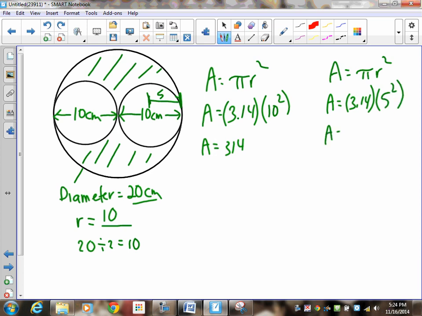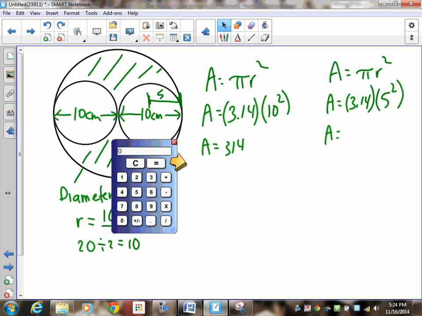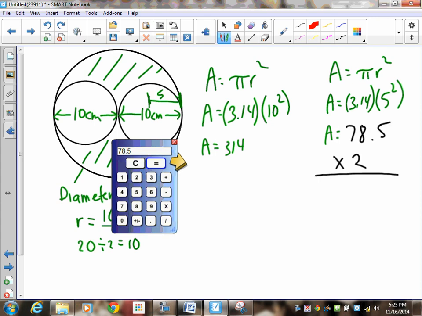On my calculator, 3.14 times 5 times 5 is 78.5. Now remember, I have 2 circles here. They're identical, both 10 centimeter diameters. So I can take this 78.5 and multiply it by 2. That gives me 157.